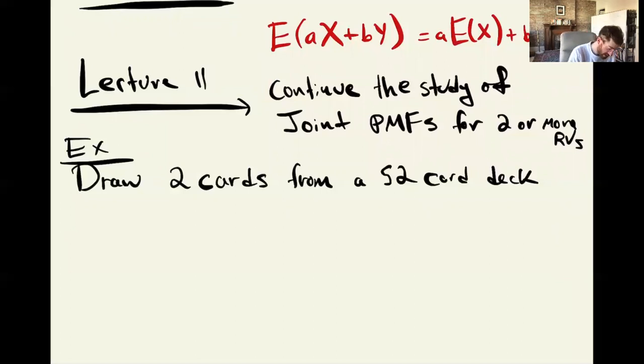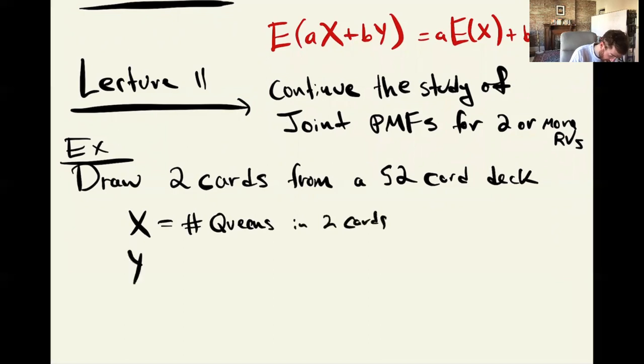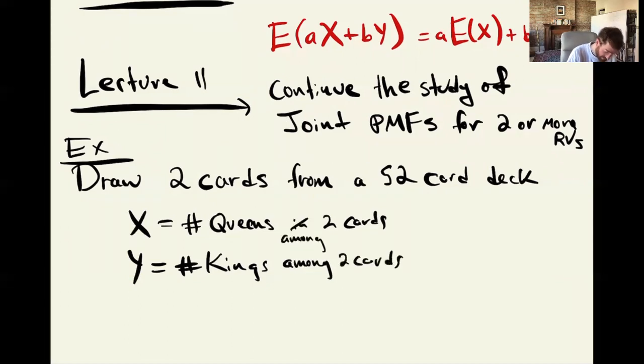Let's say we want to study x, which is the number of queens in your two cards. And let's say y is the number of kings among the two cards.